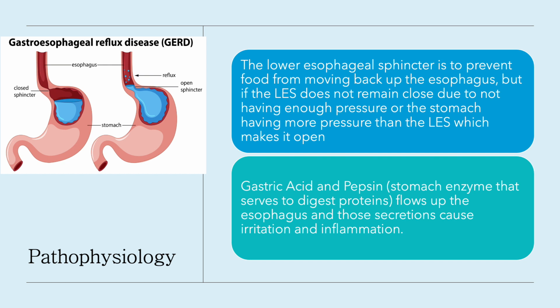The patho behind it is the lower esophageal sphincter, which is the LES, I'll refer to it later on, is to prevent food from moving back up the esophagus. But the LES does not remain closed due to, number one, not having enough pressure, or number two, the stomach having more pressure than the LES, which makes it open.